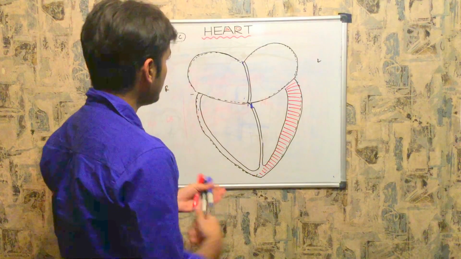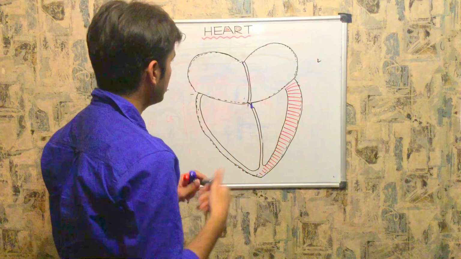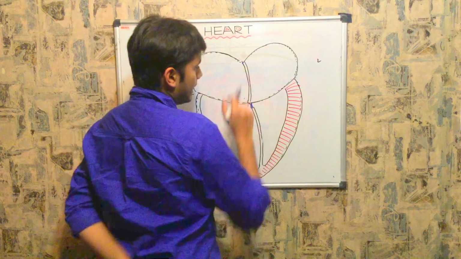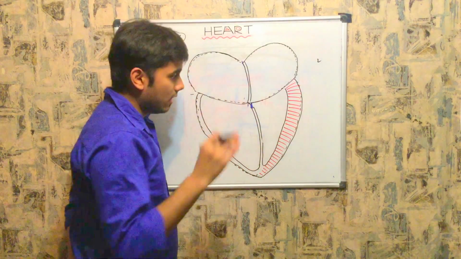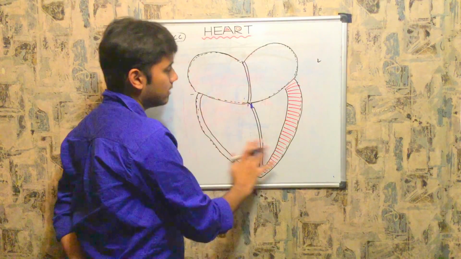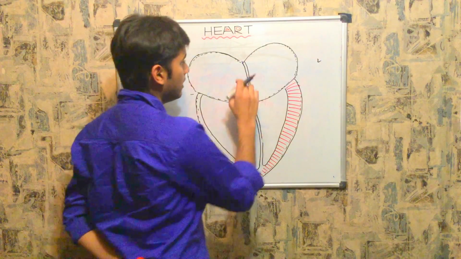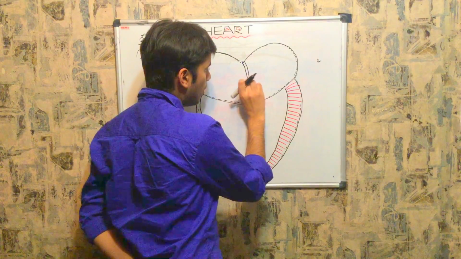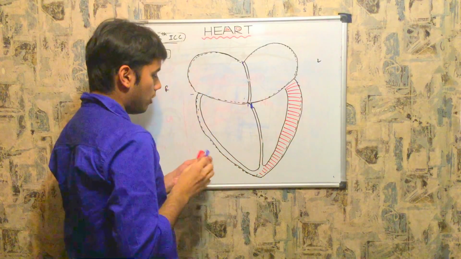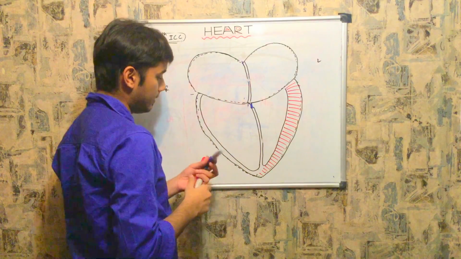Now, coming to your interatrial septum. This is the heart of an adult, right? For some time, just think this heart is the heart of a fetus, right? If this was the heart of the fetus, then there is a small hole, or a small foramen, located within this interatrial septum.